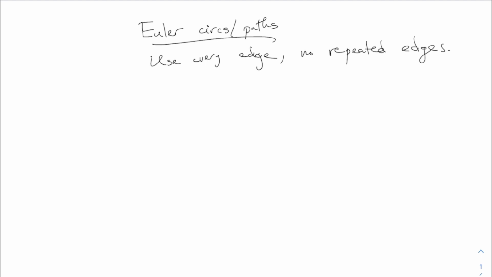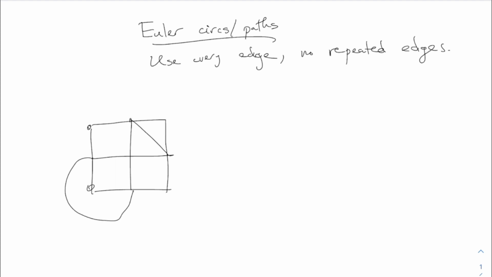And if I give you a graph, you can tell by looking whether or not it has an Euler circuit or an Euler path. For example, if I make something like, how about this, with an edge here and an edge like that. Does this one have an Euler circuit, or does it have an Euler path, or does it have neither?